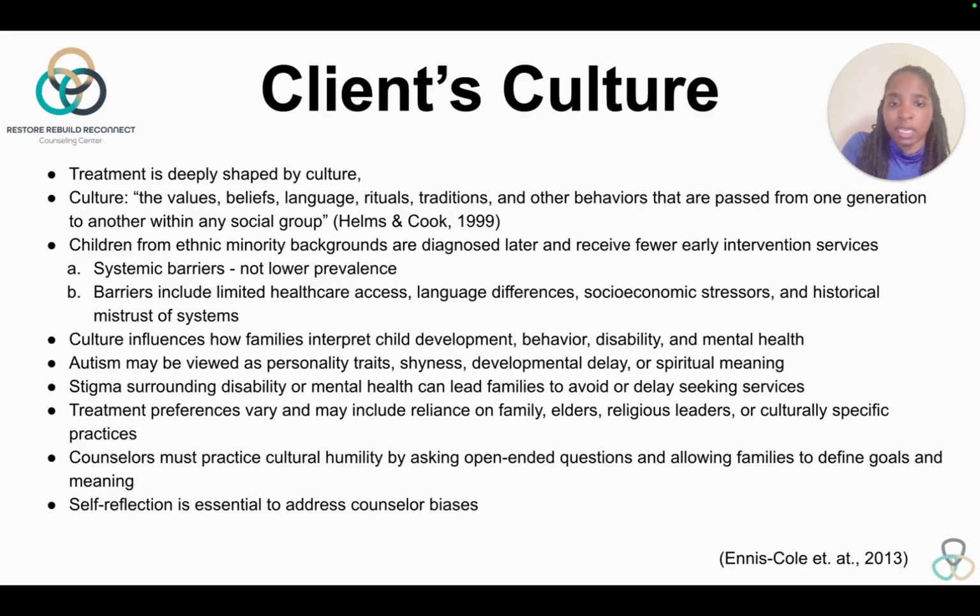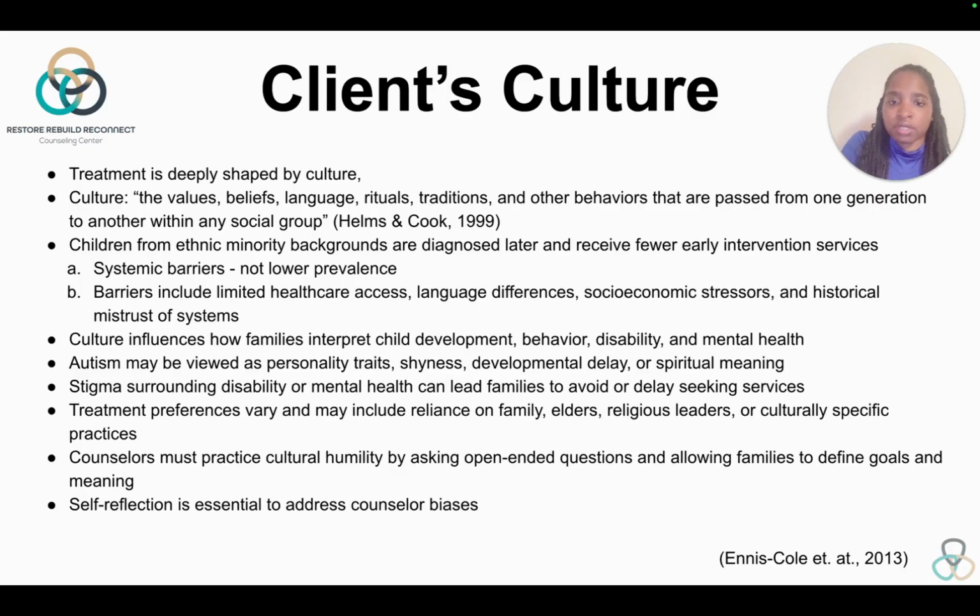It just is less accounted for due to systematic barriers such as healthcare, language differences, lack of culturally responsive providers, socioeconomic status, a history of mistrust with the system, just a lot of things go into why this is.